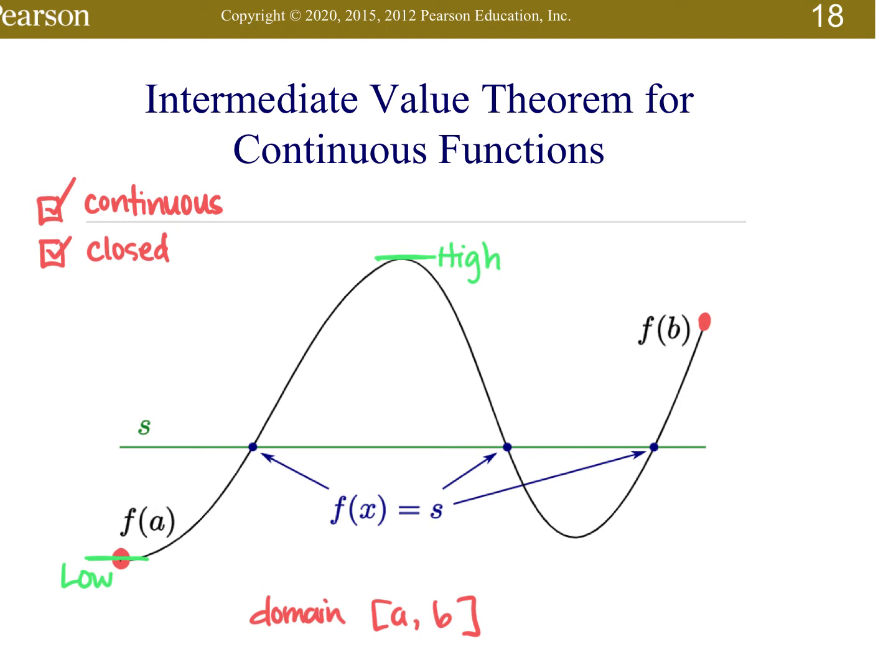So the IVT guarantees if your range begins below the x-axis and ends above the x-axis, then you can say without a shadow of a doubt that your function crossed the x-axis. It's not like it just skipped over it. It had to cross the x-axis.